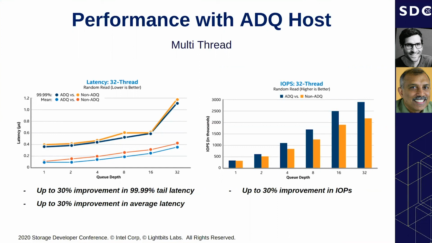So we see that without ADQ, we're pretty much capped at 2.2 million IOPS for 4K reads. And with ADQ, we're able to get up to 2.8 million IOPS. We actually need slightly less than that because the tail latency is jammed up by the network bottleneck.